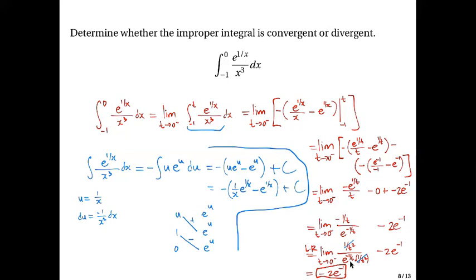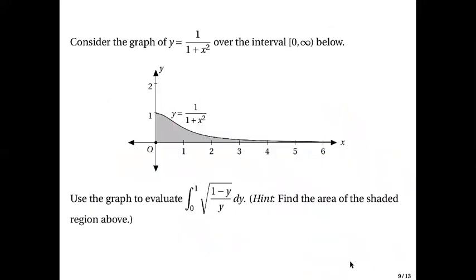So with the 2 minutes I have left, I'll just set up the integral in here. So we consider the graph of y equals 1 over x squared, and then use the graph to evaluate this guy here.